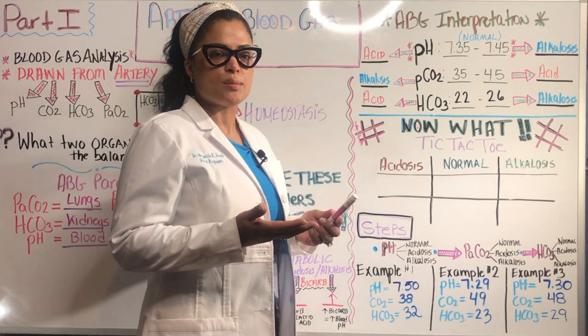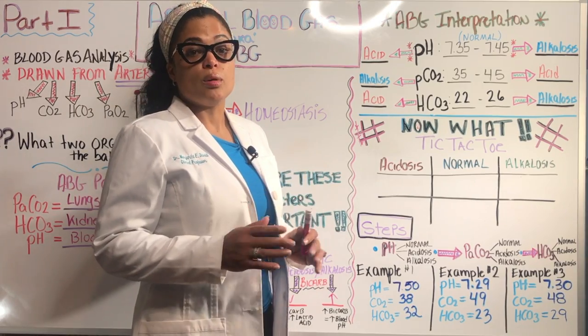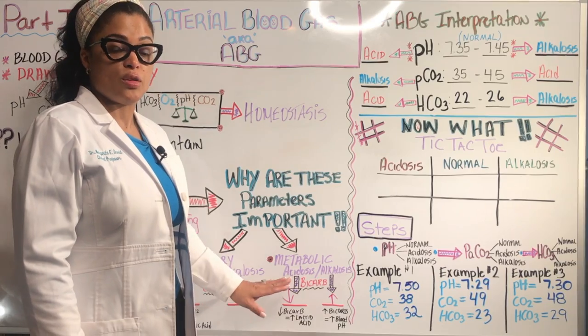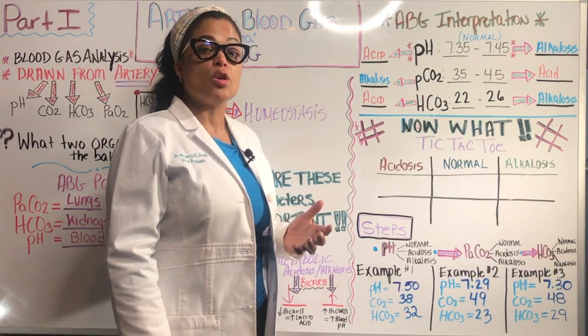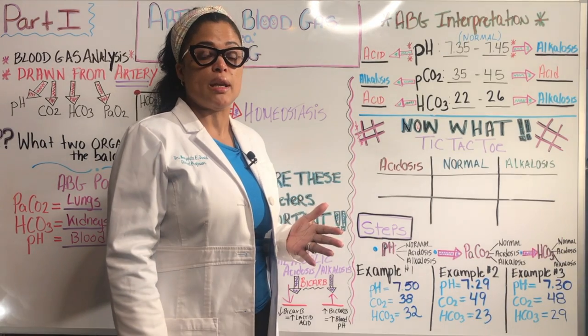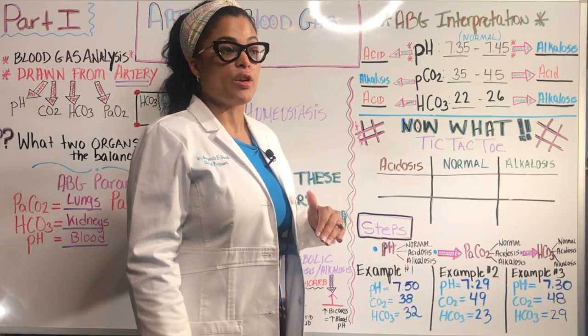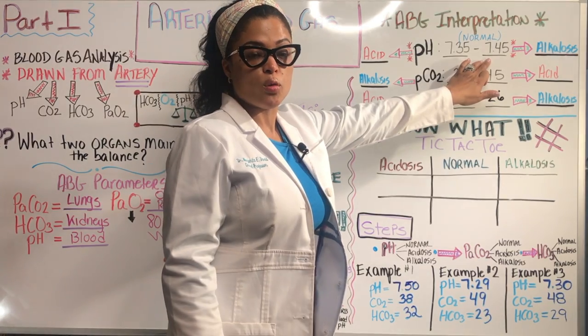And then you're going to ask me, what does it mean to be in full compensation? Simple. In full compensation, not only are you going to have either the metabolic or the respiratory parameters helping, but you're also going to receive the help of your pH. Your pH is going to return to its normal range between 7.35 and 7.45.